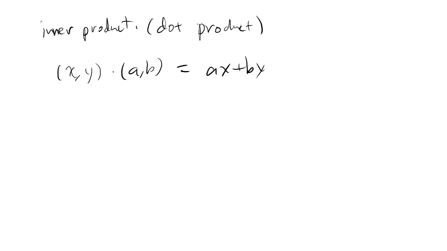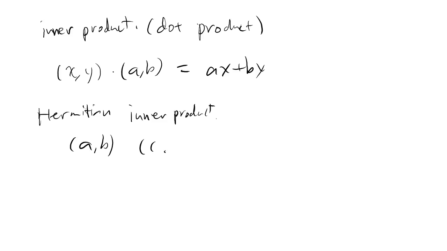And actually, if these are complex numbers, then you have a version called the Hermitian inner product. If you have a comma b and c comma d, the dot product is defined as a c bar plus b d bar, where this bar is a complex conjugate.